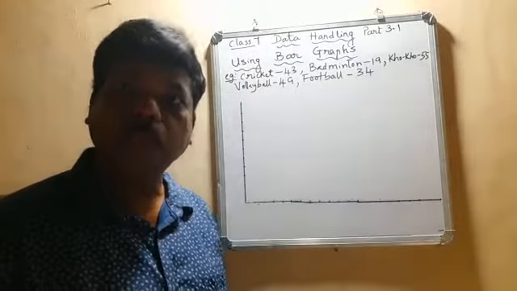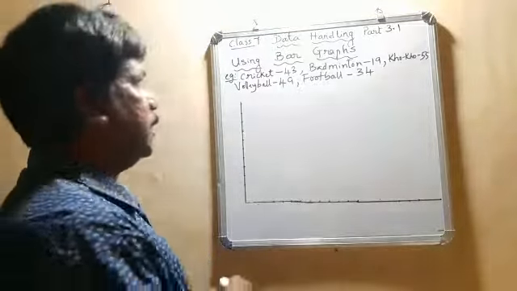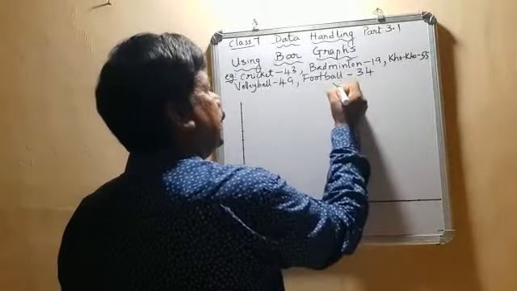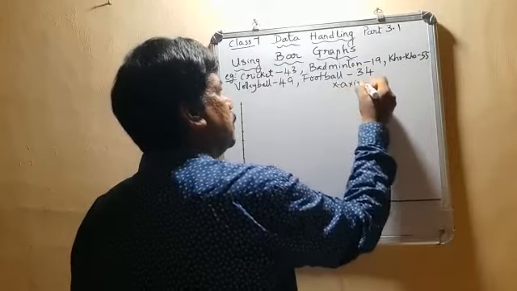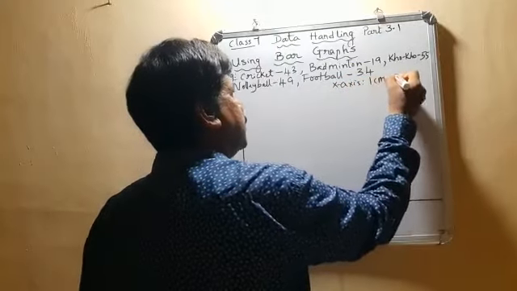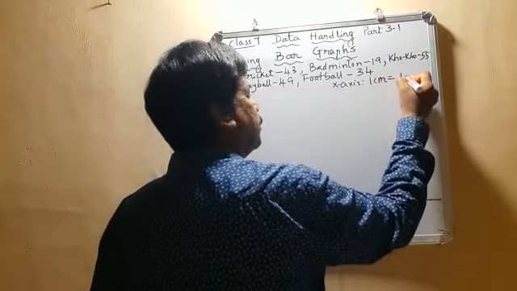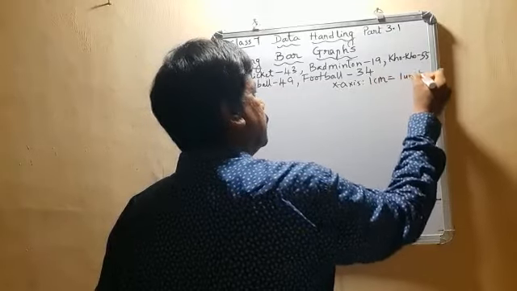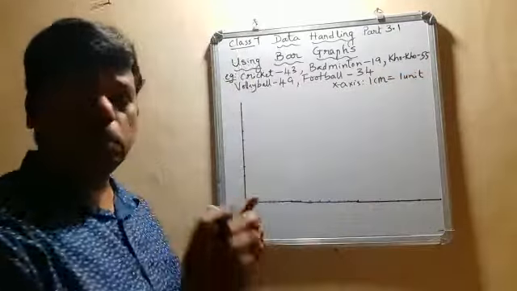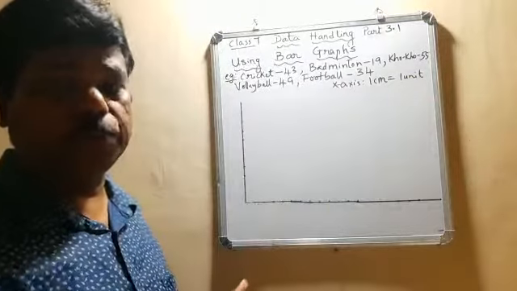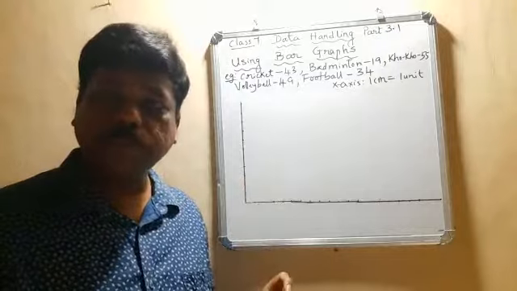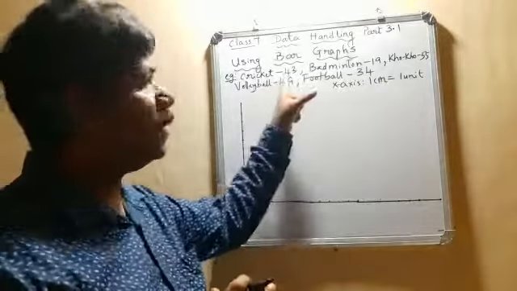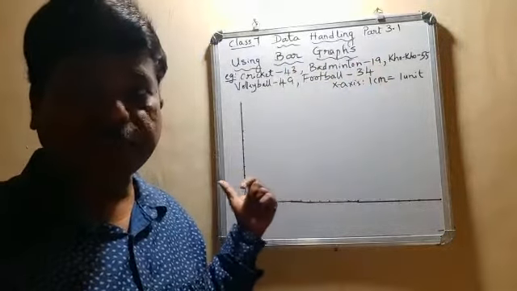So let us take on the x-axis 1 centimeter equal to 1 unit. But then the y-axis will be chosen with respect to the number of scores which have been mentioned there.